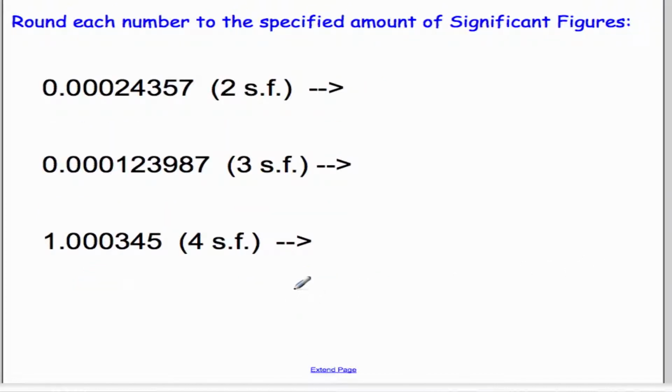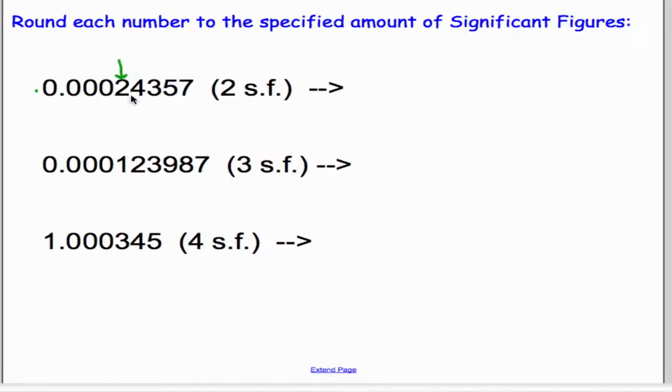Okay, now these are the tricky ones when we have these really, really small numbers, or if we have lots of zeros in a decimal. So we have to remember that the leading zeros are not significant. So our first significant figure in this problem is the 2. Those zeros in front of it are not significant.